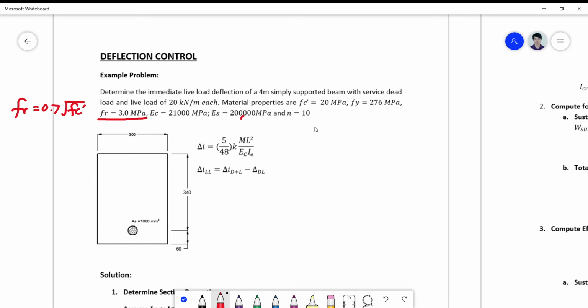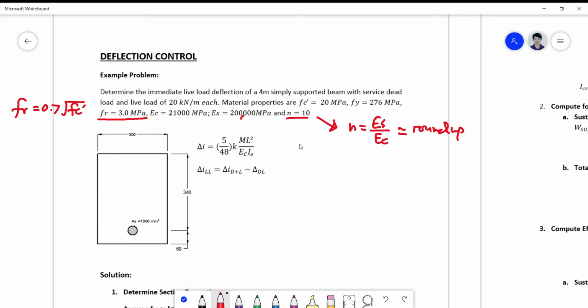If in case it is not given, you can use n is equal to Es over Ec, rounded to the nearest whole integer. Okay, so you round up to the nearest integer in case this is not given.